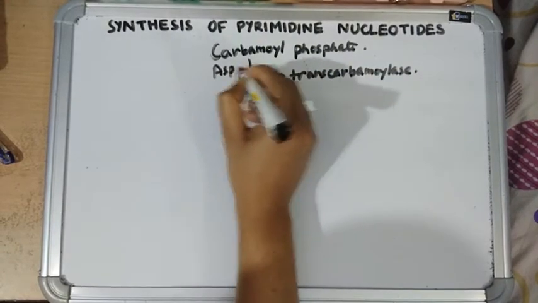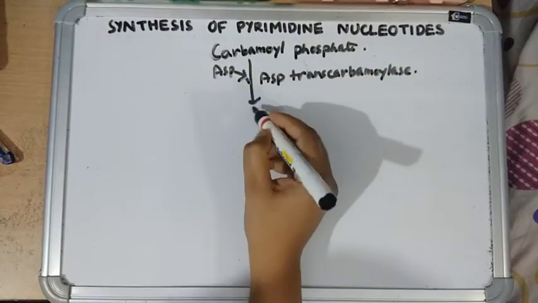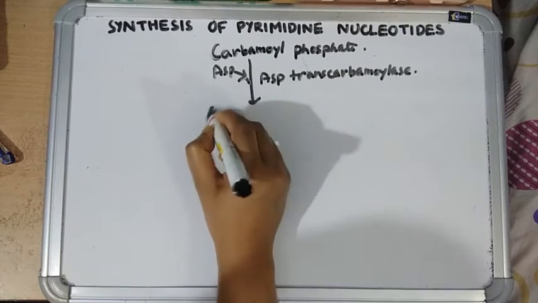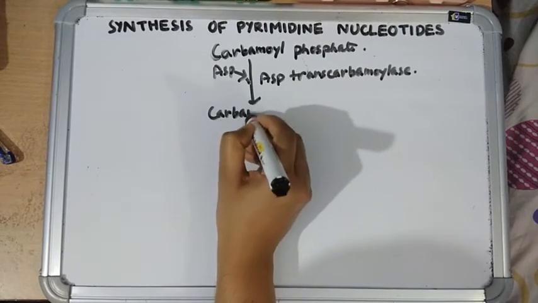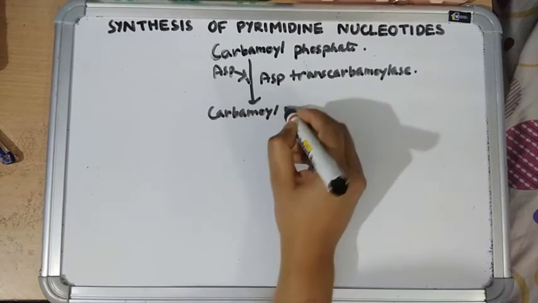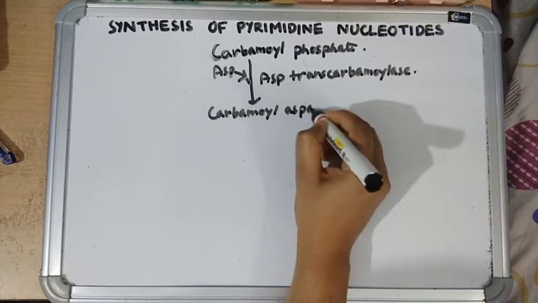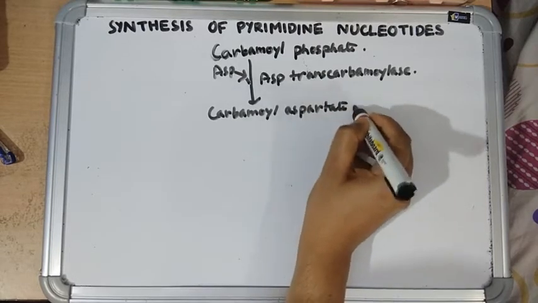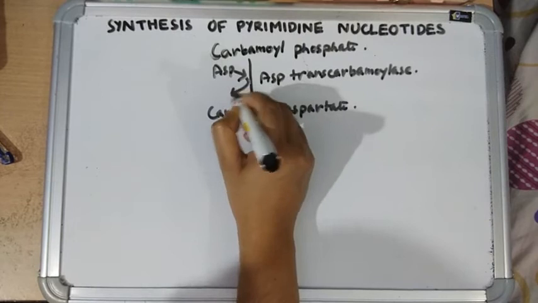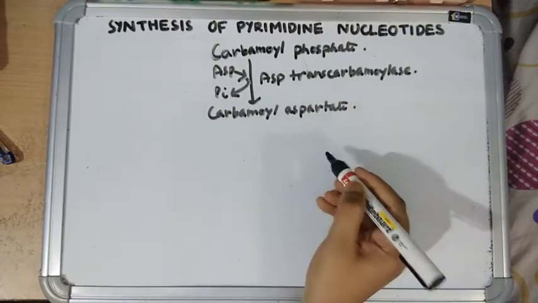Aspartate combines with carbamyl phosphate to form carbamyl aspartate, and phosphate is released.